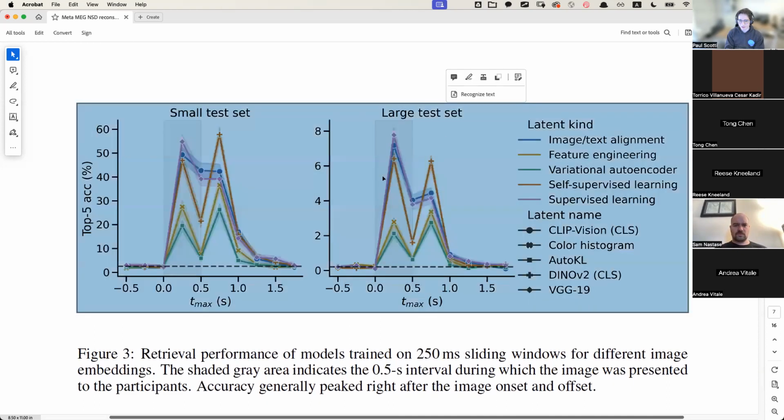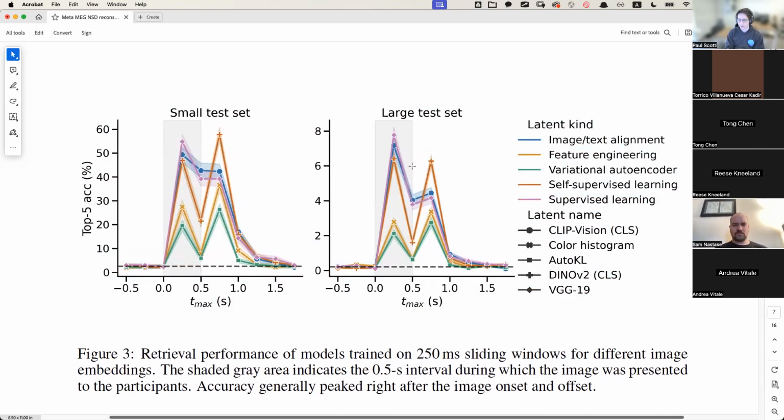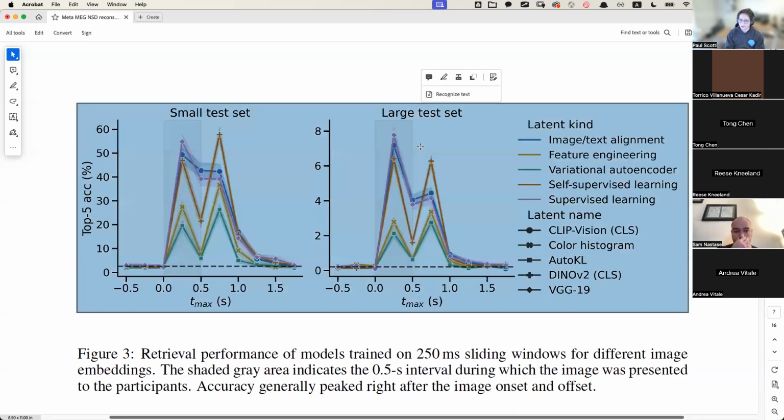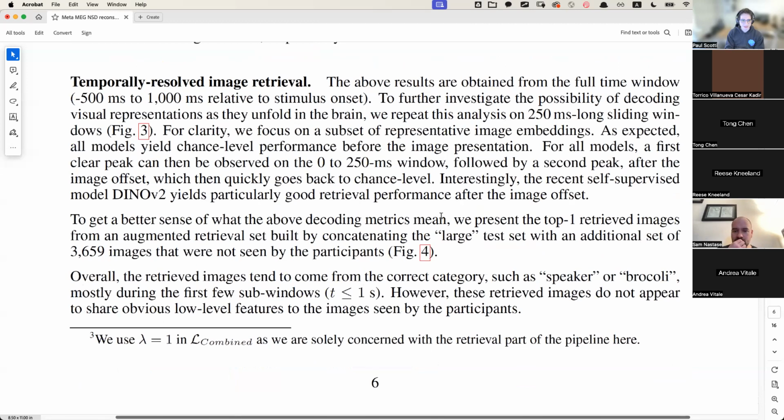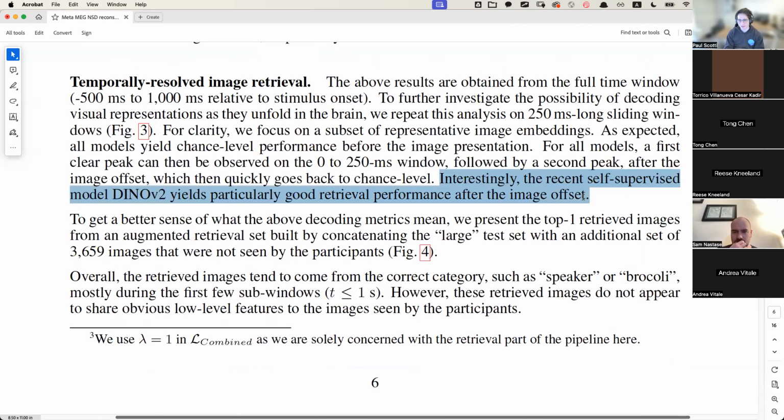Something that I don't really understand is this data point here. The image is no longer visible after 0.5 seconds, but they're still able to decode and retrieve the original image to the same performance from the time window after offset. They bring this up, they say, interestingly, the recent self-supervised model DINOv2 performs particularly well after the image offset.